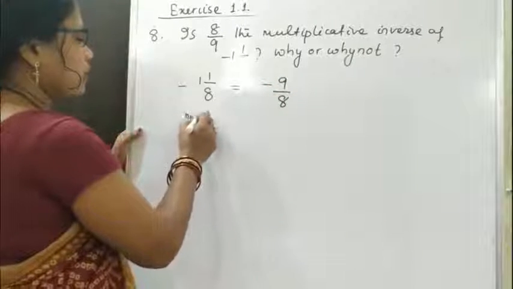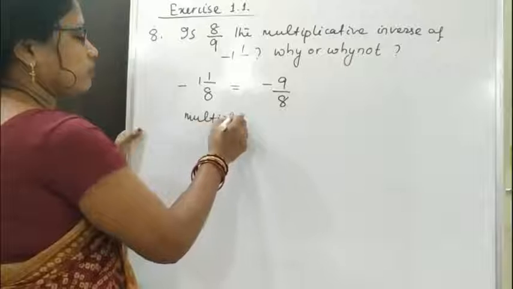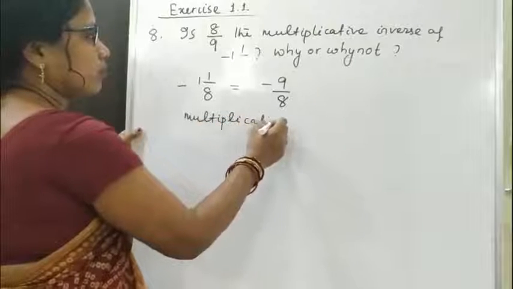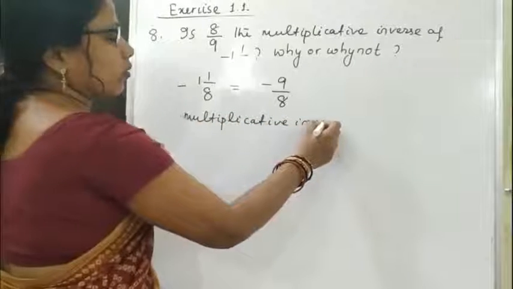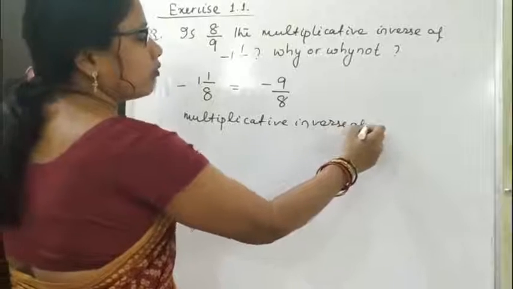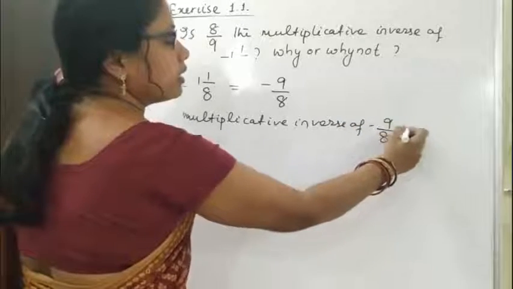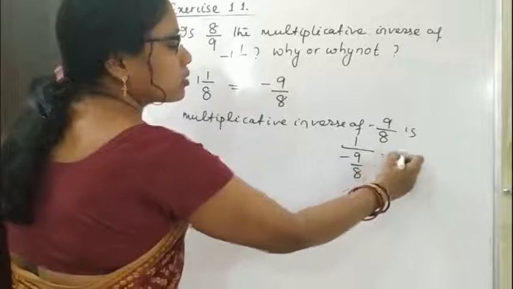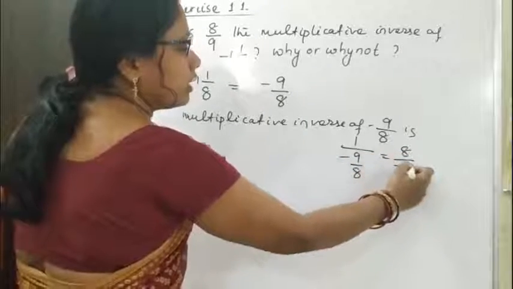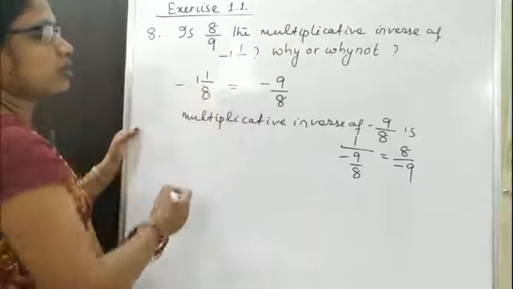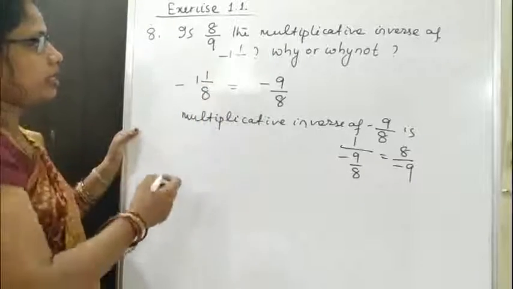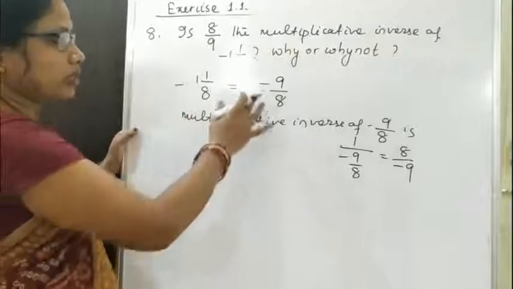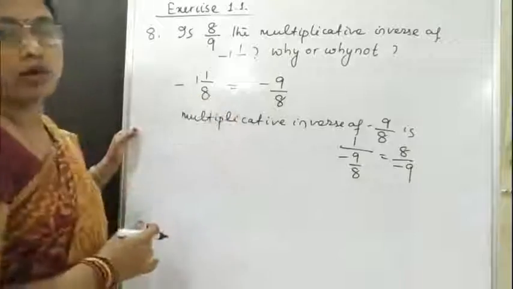So the multiplicative inverse of minus 9 by 8 is 1 by minus 9 by 8. So this is equal to 8 by minus 9.